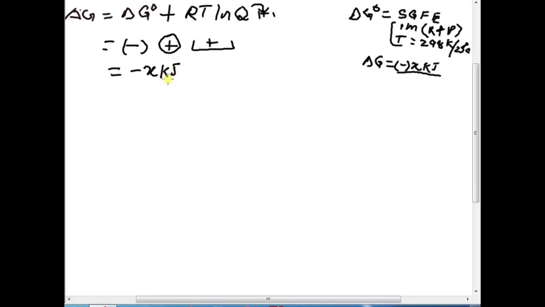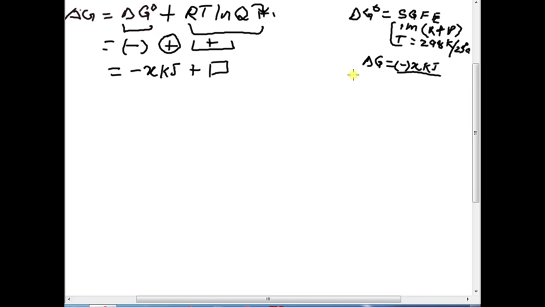It is not necessary that every time you're going to add something over here. It could be a minus, it could be a plus, right? From the standard condition, there could be more energy or less energy in a non-standard condition. So this term that's added over here gives you the more or less than the standard condition, right?